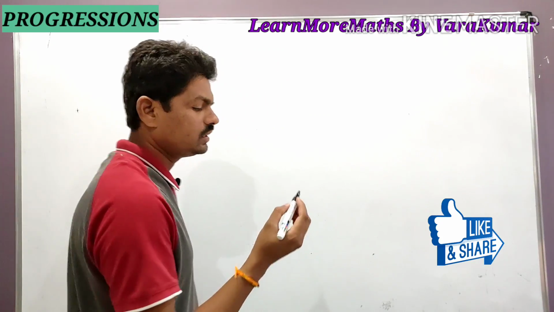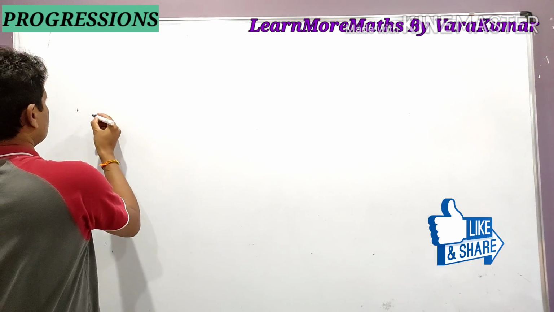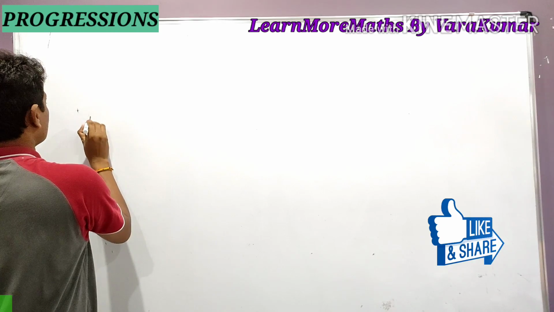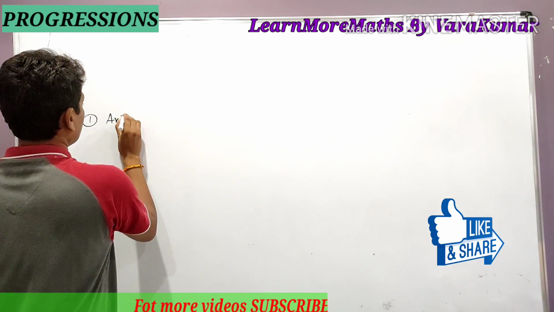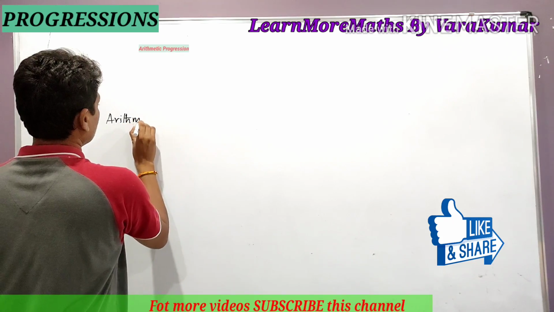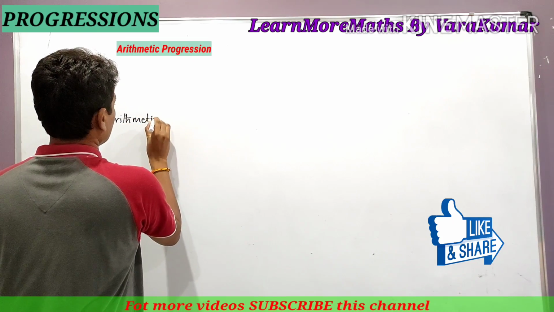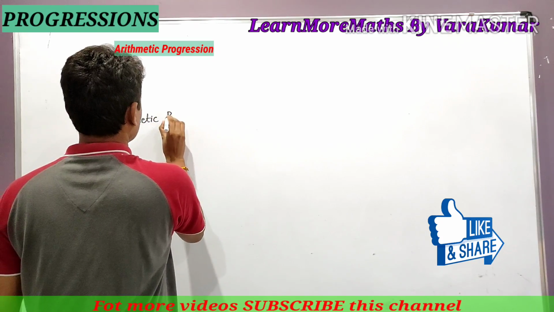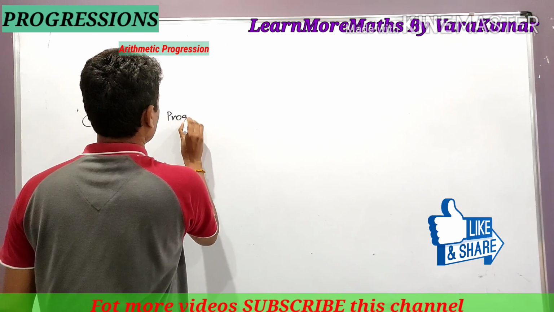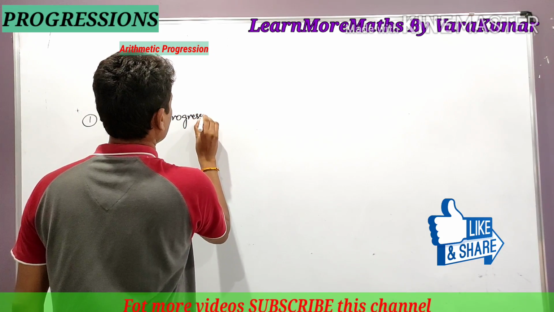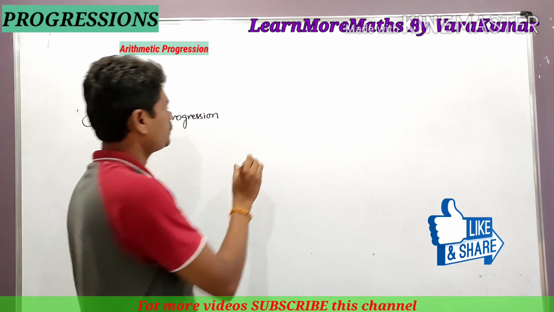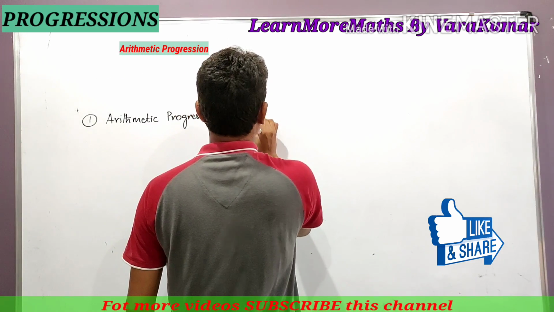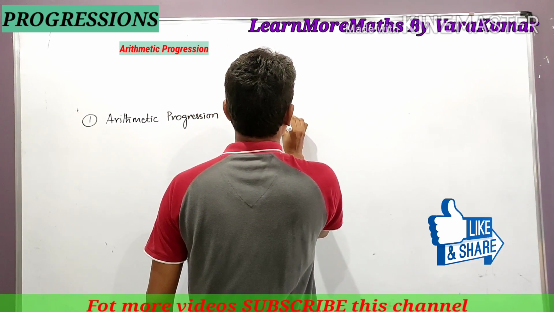So what do we learn in this chapter? Progressions. In progressions we have two types, student. Number one is arithmetic progression, and number two is geometric progression.